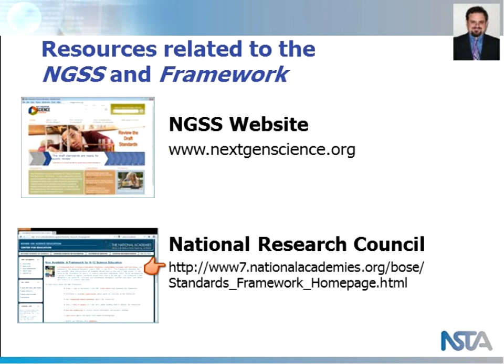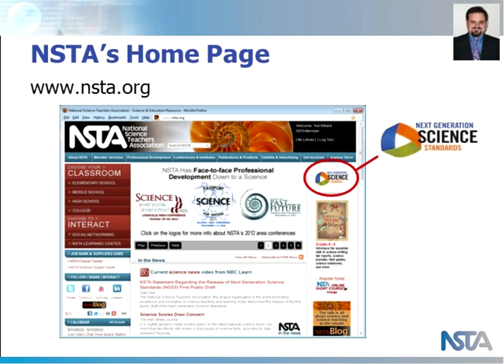I would encourage you, again, if you haven't yet, to look at the framework, and you can find information about that on the National Research Council's homepage. We're getting those sites put up for you. We'll get links to those put up on the main page. But my favorite, not that I'm biased or anything, in terms of where to find information about the standards, is on NSTA's homepage.